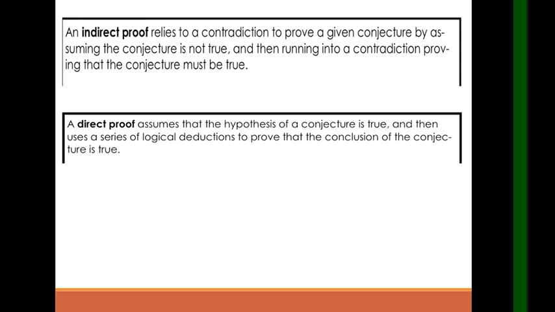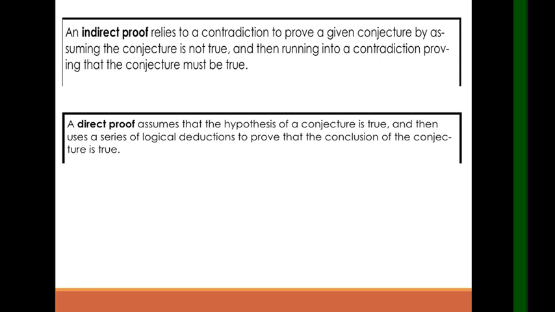Kumbaga, pag sinabi na i-prove mo na kunyari, i-prove mo na ang triangle ay tatlong sides. So, ang gagawin mo sa indirect is ilalagay mo sa statement mo na ang triangle ay hindi tatlong sides. So, parang ganun. Pero papatunayan mo that in the end, na ito ay totoo.